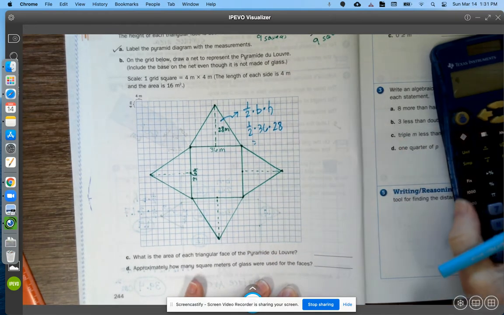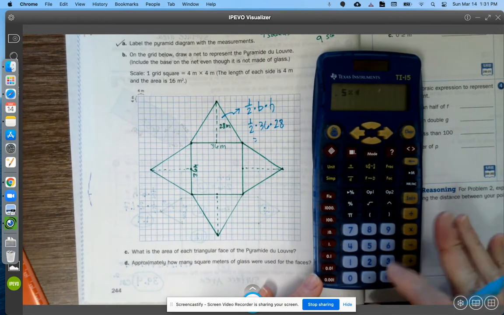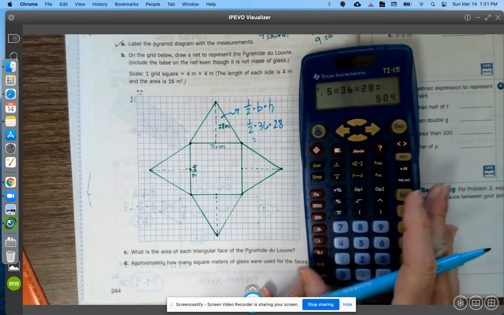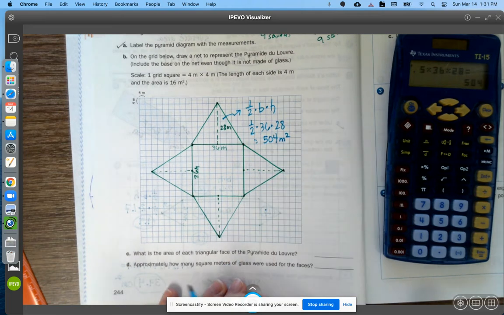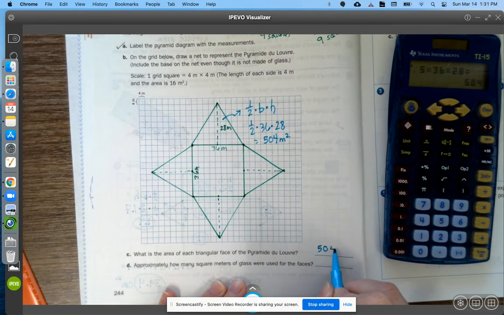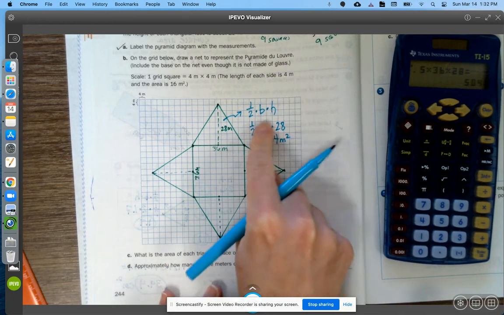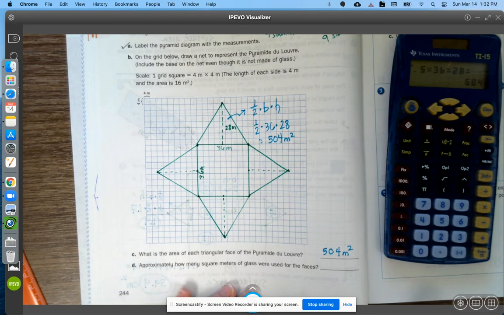And I am definitely going to use my calculator for that calculation. So 0.5 times 36 times 28. And we get 504. And that's going to be meters squared. Okay. So we did 1/2 times the base times the height. And that is the area of one of those triangles.